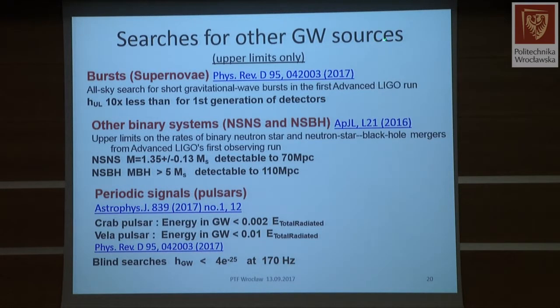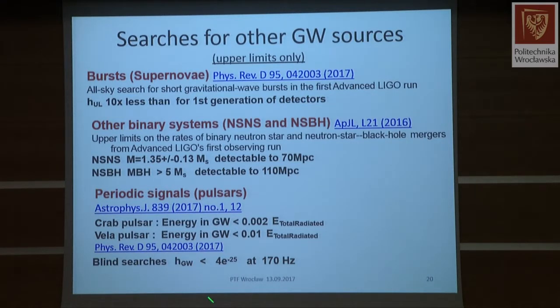In the analysis of this first observational run, the other sources that were searched were gravitational signals from supernovae, from other binary systems, also from rotating neutron stars, pulsars. There only upper bounds were imposed.